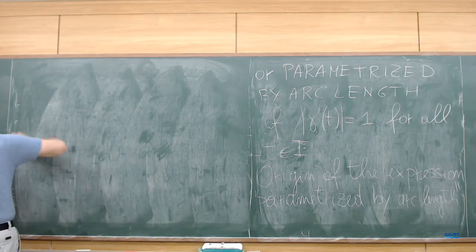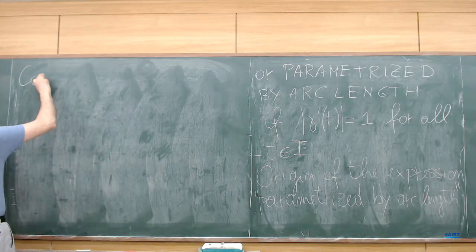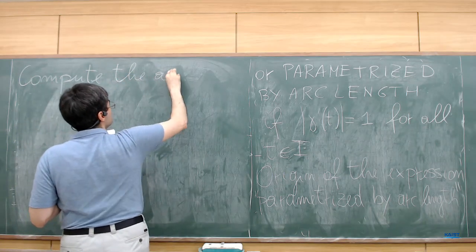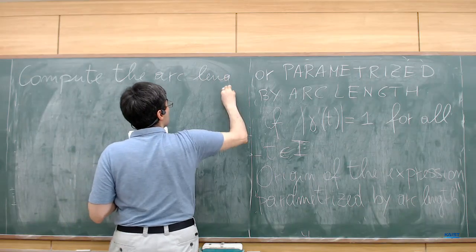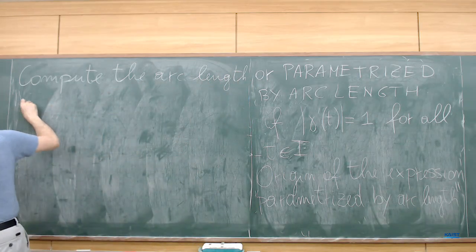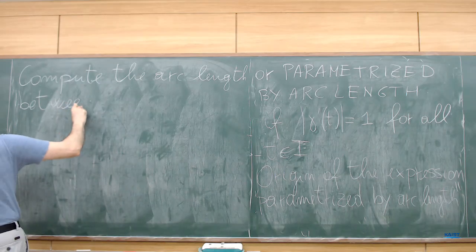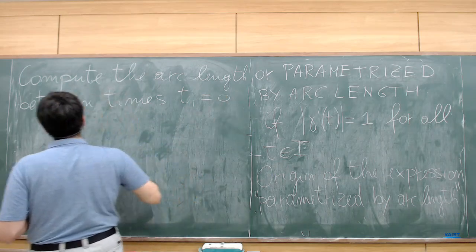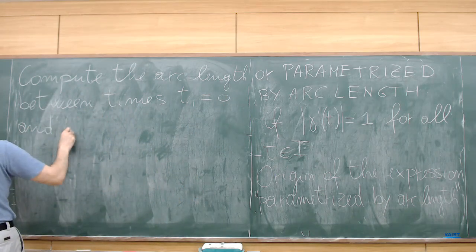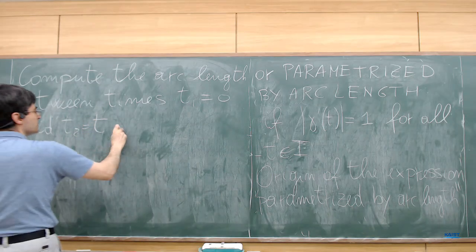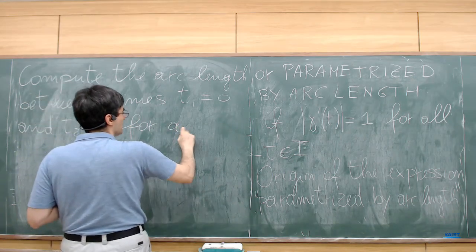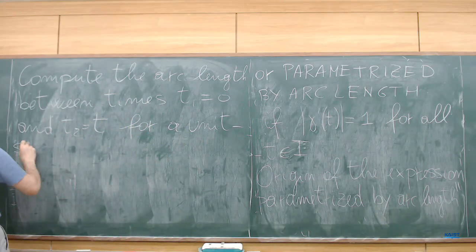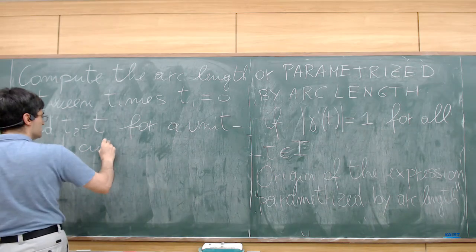Let's try to compute the arc length between times t1 equals 0 and t2 equals t for a unit speed curve.